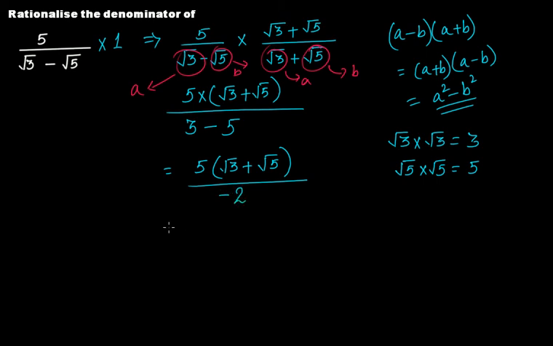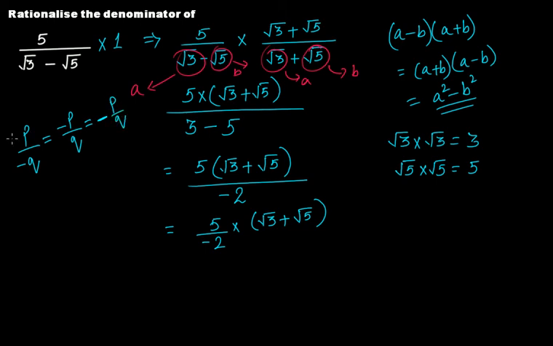Now this can be written as 5 divided by minus 2 multiplied by root 3 plus root 5. From here we know that if your number is written in the form p divided by minus q, then this can be written as minus p divided by q, and further this minus sign can be put in the middle and it can be written as minus here and p by q.